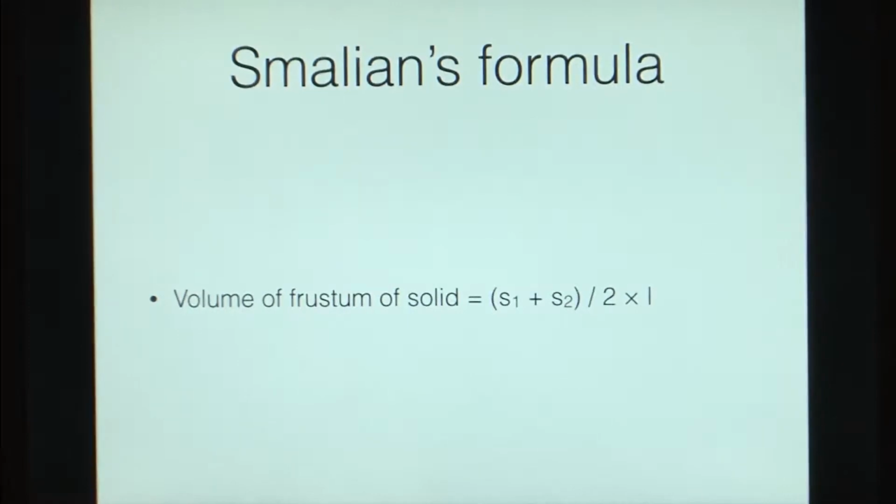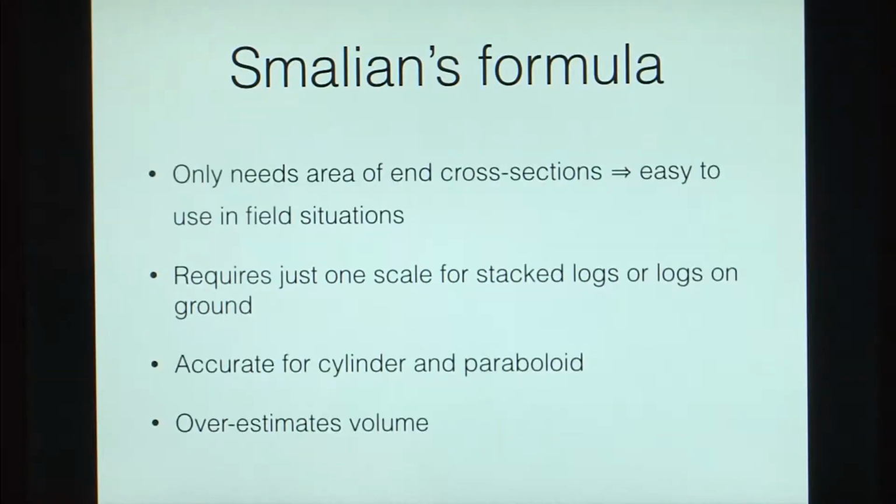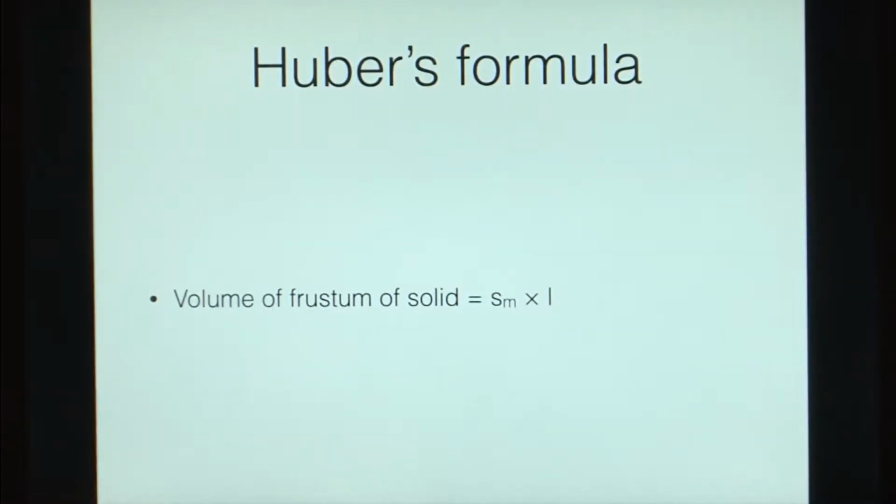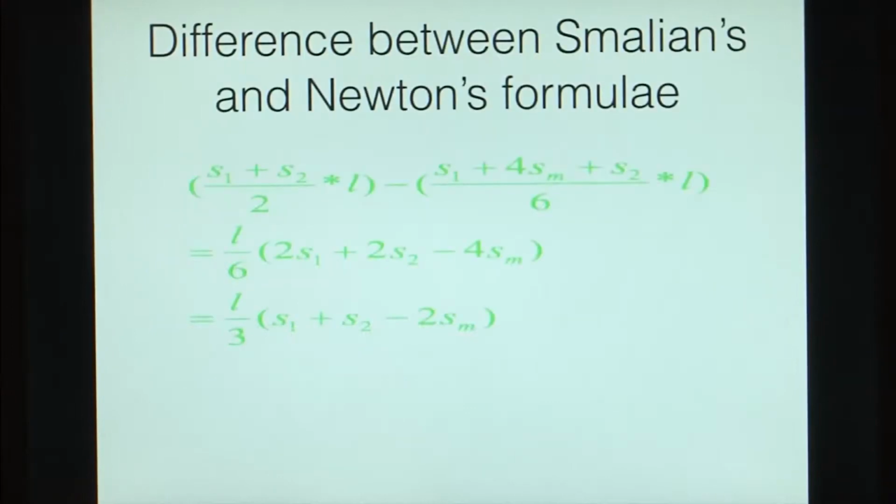In the case of Smalian's formula, we take 2 measurements at the 2 ends of the log, take the average, and multiply that with the length. In the case of Huber's formula, we just take 1 measurement at the middle and multiply that with the length. Newton's formula is then used to calculate the errors in the other formulae.